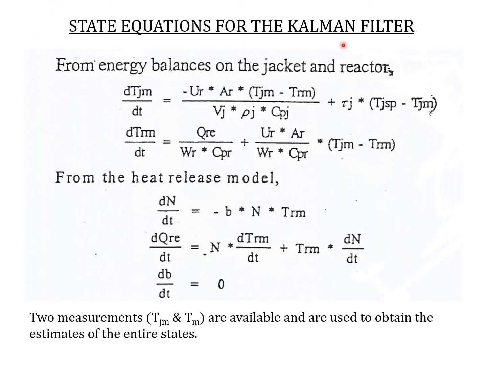And the state equation. So if you use the Kalman filter, then this is the sort of method that you will use. You need two measurements, which can be used to obtain the estimates of the states. Again, this uses the model equations and the heat release model to get the QR. Two measurements are used to obtain the estimate of the entire state.